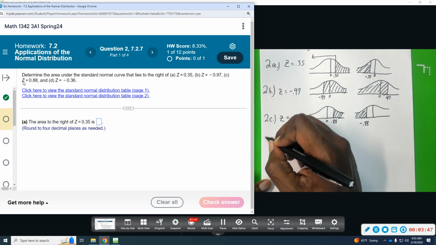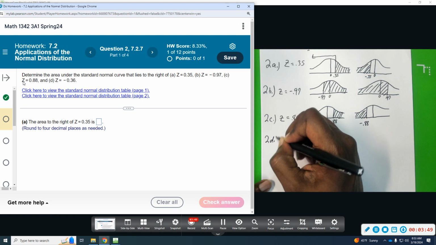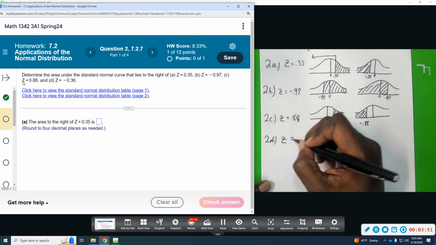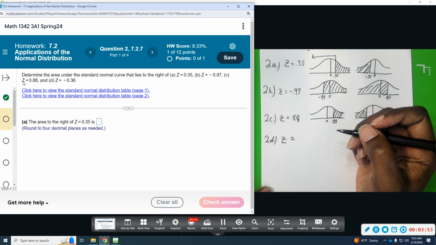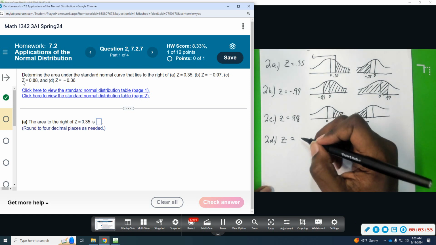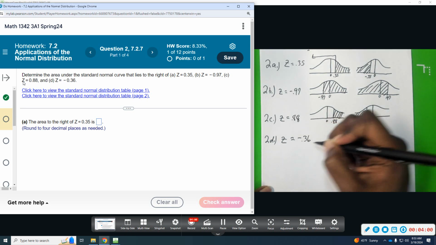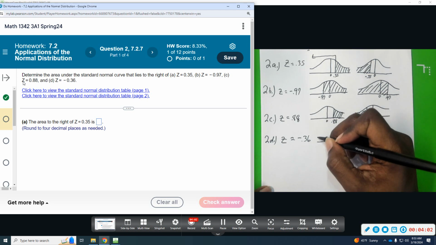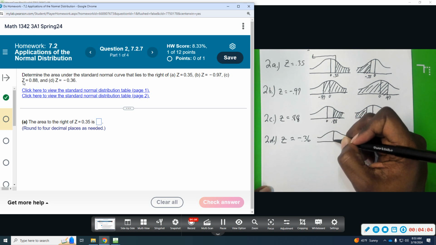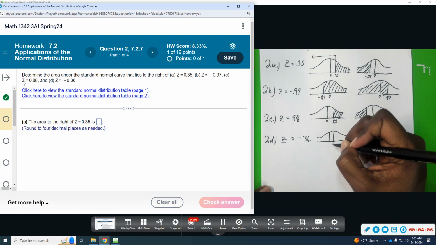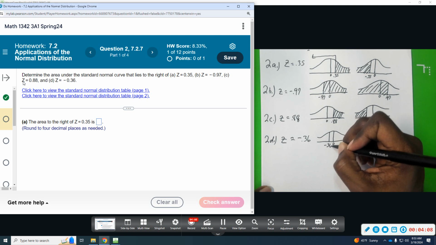And then 2D, the last z value that we have, z equals negative 0.36. What that looks like: left of 0, negative 0.36, and we want the area to the right.